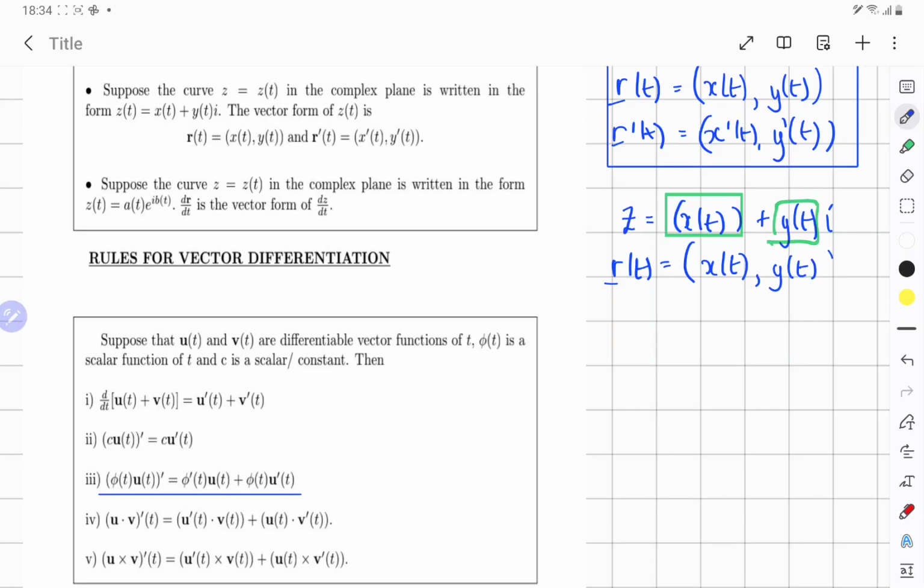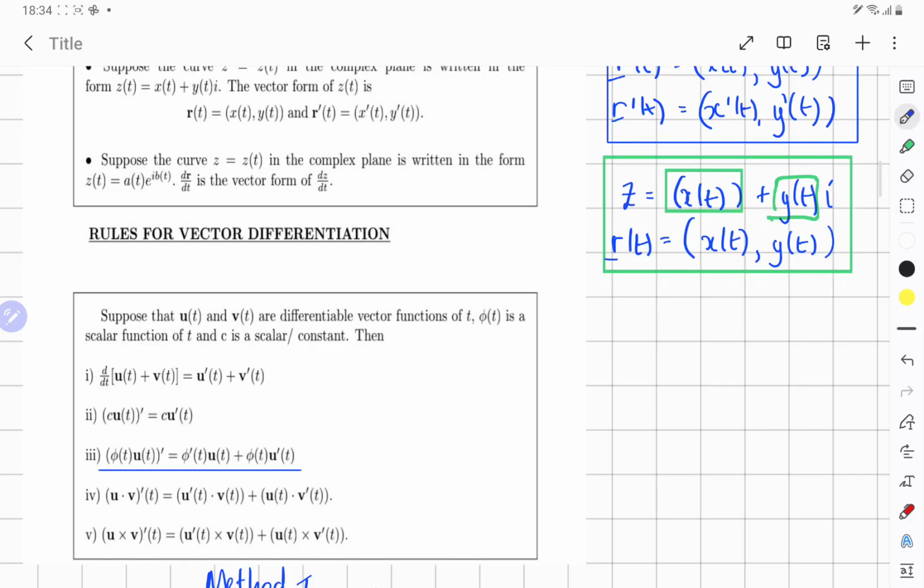We do not take the i with. So to change a complex number into a vector, we use the real and the imaginary part. So that is our complex curve, and we change it to a vector.